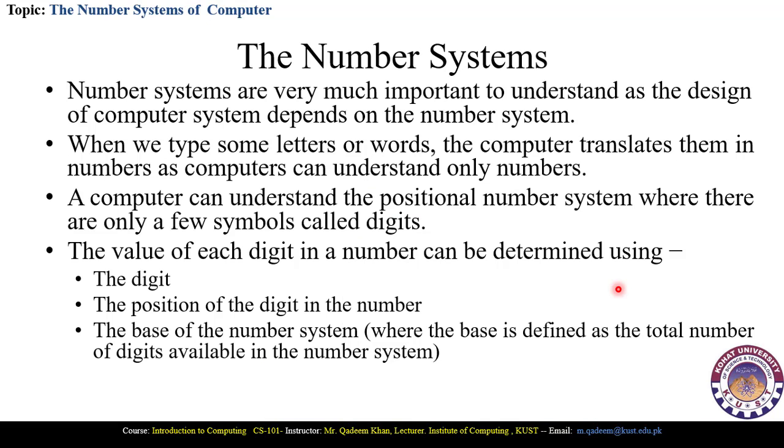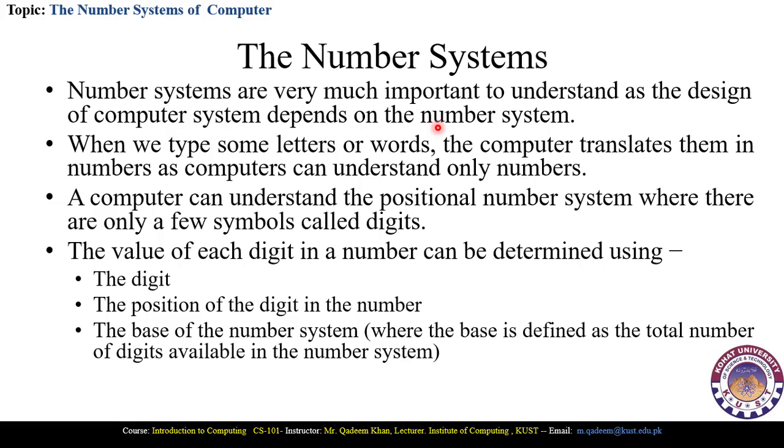The number systems are very important because they help to design the computer systems. Basically, in the designing of the computer, the binary number system is mostly used. And also you can use the hexadecimal and other number systems as well. So when we want to perform assembly language programming, then we use certain number systems here.